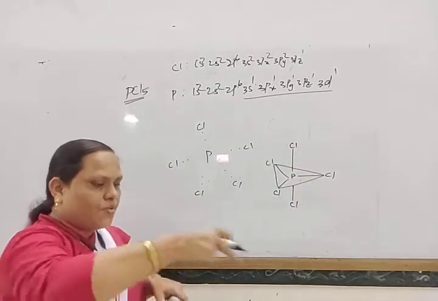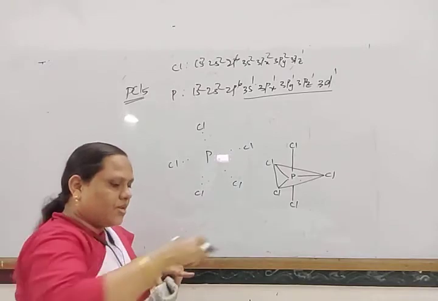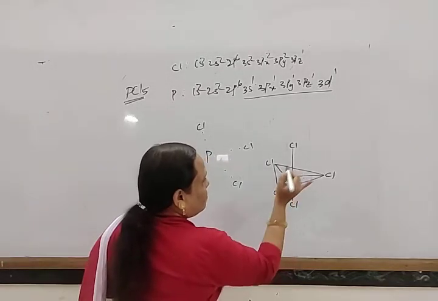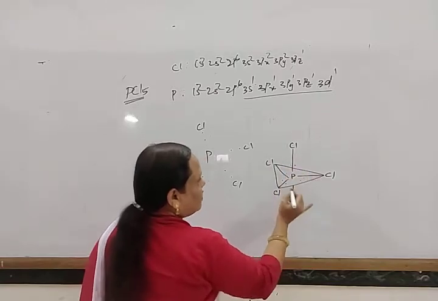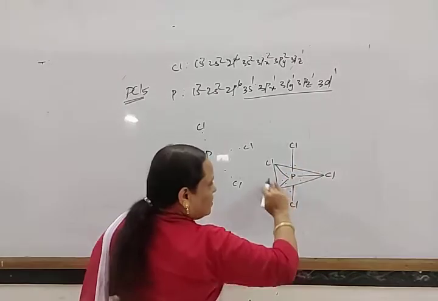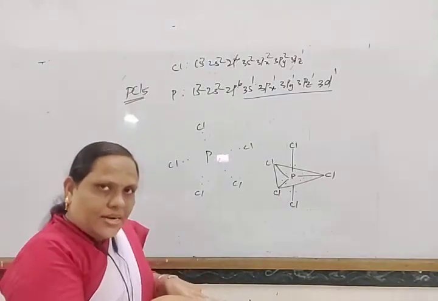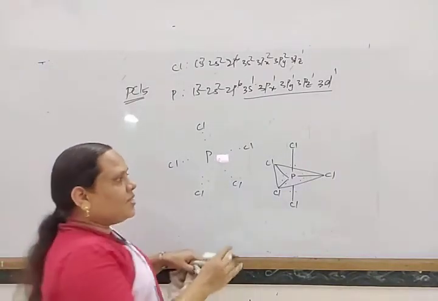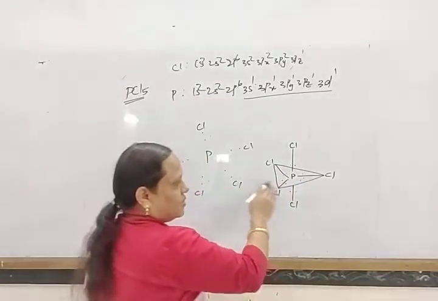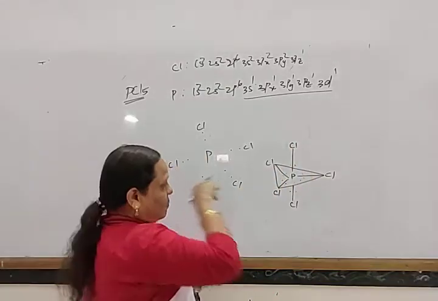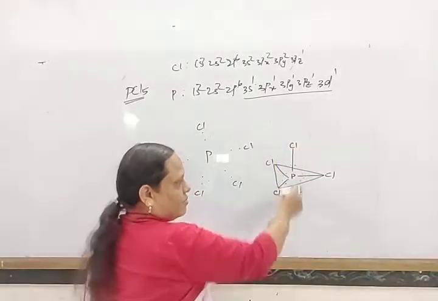In the plane, phosphorus is the center with 3 chlorine atoms, the 3 bond pairs, and 2 bond pairs remain. What is the bond angle? The chlorine atoms which remain along the plane are known as equatorial. This is called the equatorial plane, with equatorial chlorine atoms, and these are called axial.